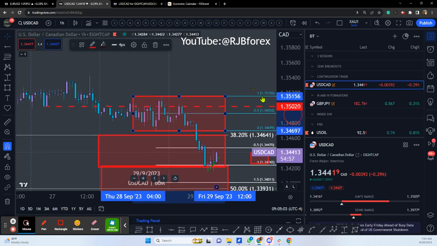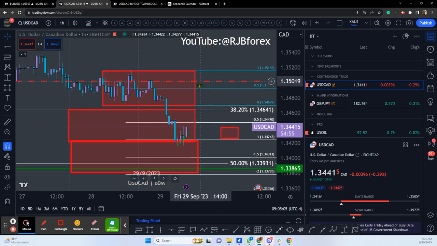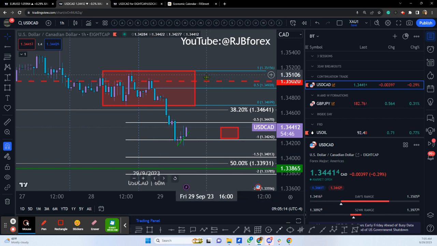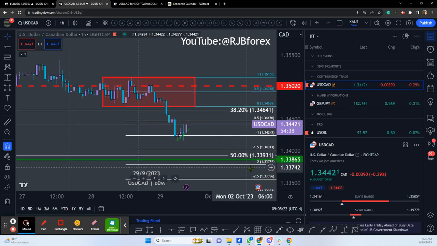And I've projected 3 times that range's box. So let's do that properly. On this measuring tool, you've got one full range expansion and then 2 full range expansions all the way down here.